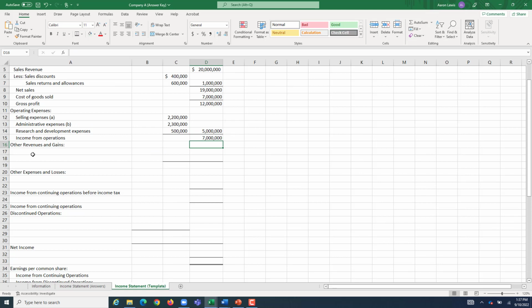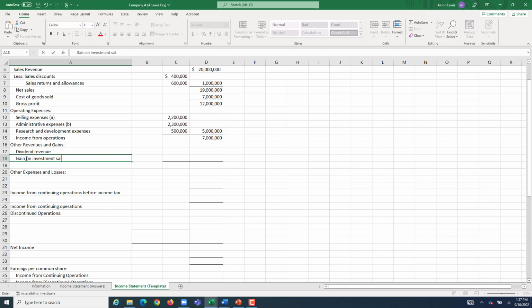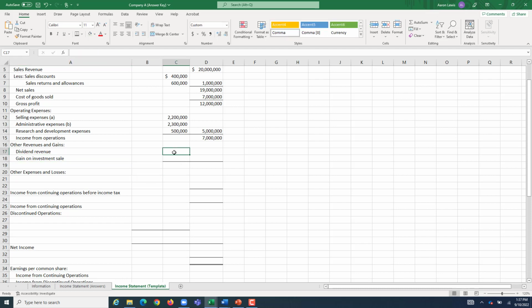So I'm going to go back to my template and fill in those two line items. We have dividend revenue and we have gain on investment sale. We're going to put these two numbers in the middle column. I'm going to hit equals.